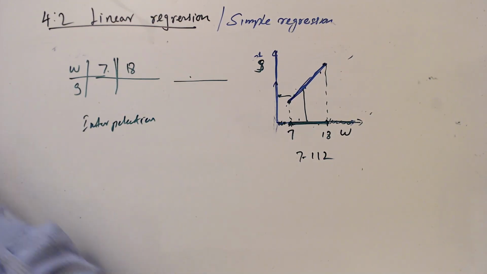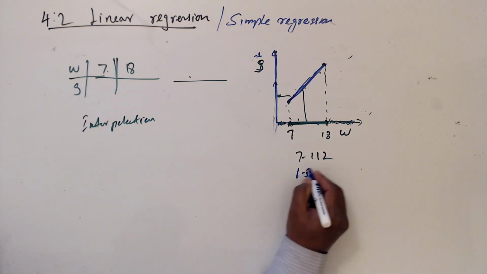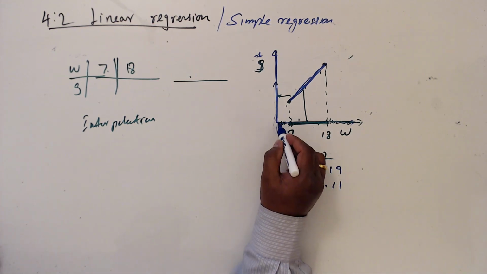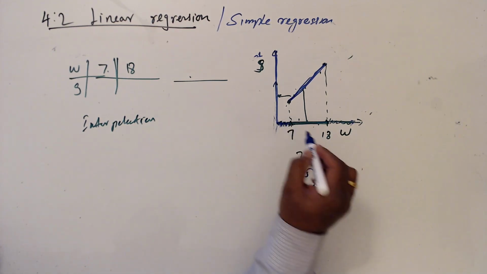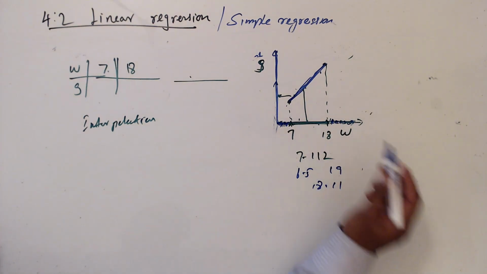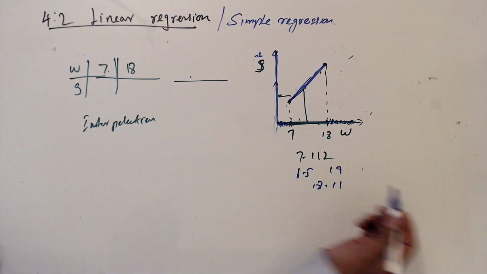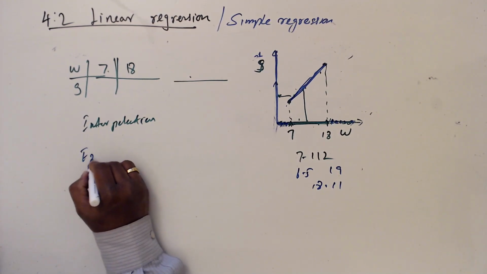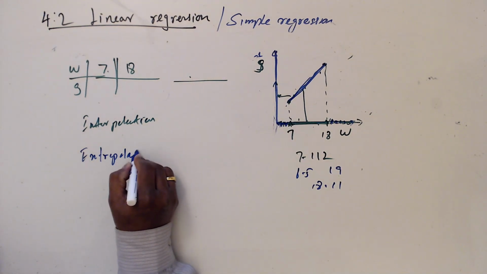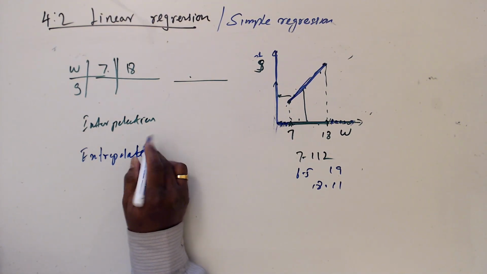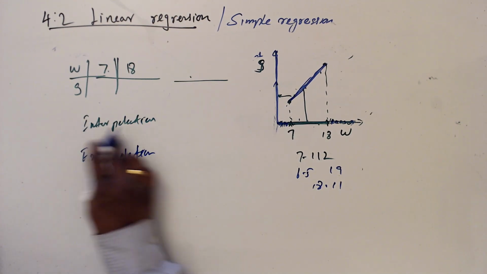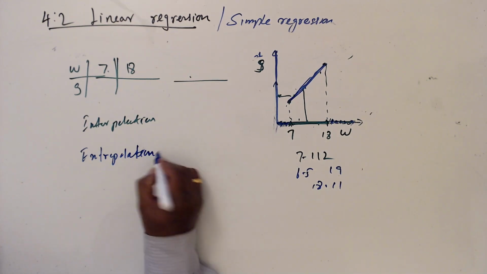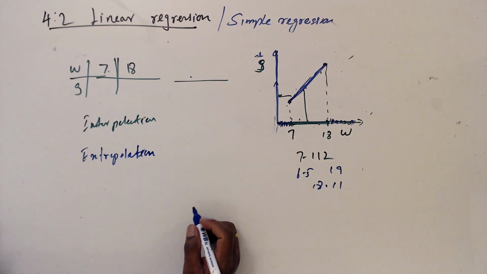But if I ask, okay, calculate 6.5 or 19 or 18.11, those W values are in this area, out of range. So then we call that kind of prediction extrapolation. The technique we are going to use is interpolation, and prediction out of range is called extrapolation.